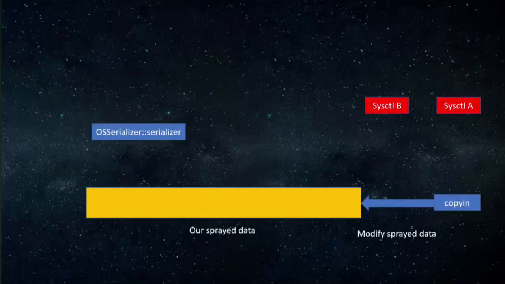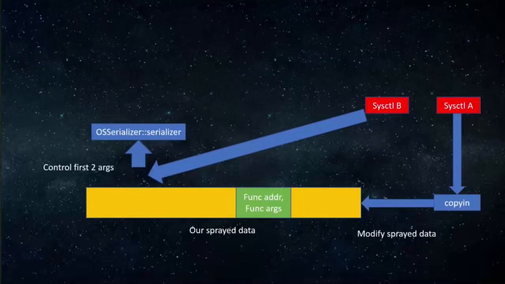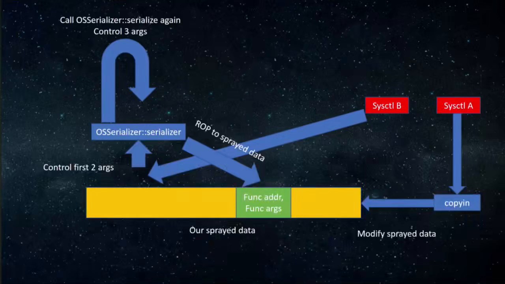And now every time I want to call some function, I call one sysctl. The sysctl calls copyin, which constantly overrides a specific kernel address, which is our sprayed data. So we override some parameters here. The second sysctl will call the serializer gadget, which will call itself again to control three arguments, which ultimately will call our modified data.